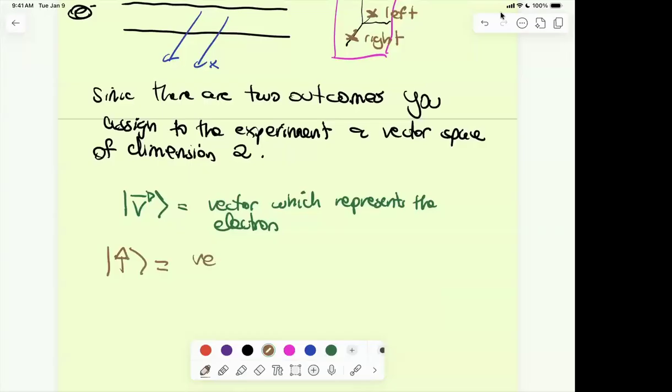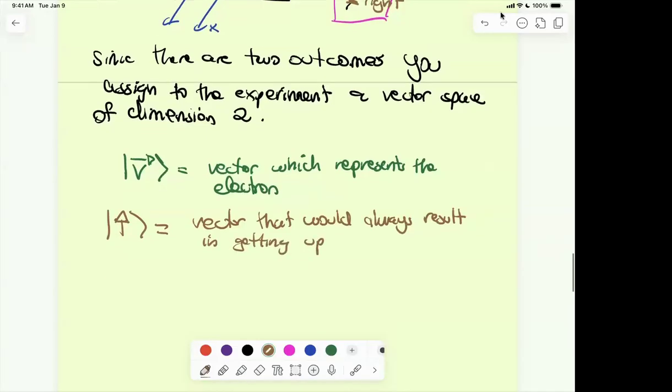So this is the vector that would always result in getting spin up. If you do this randomly, sometimes you find spin up, sometimes you find spin down. And the other one is called spin down, the vector that results in getting down.